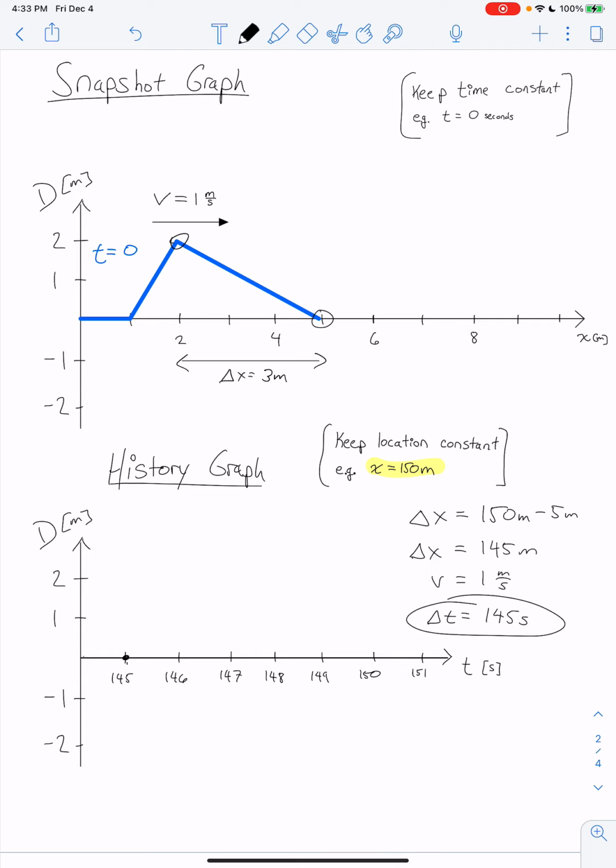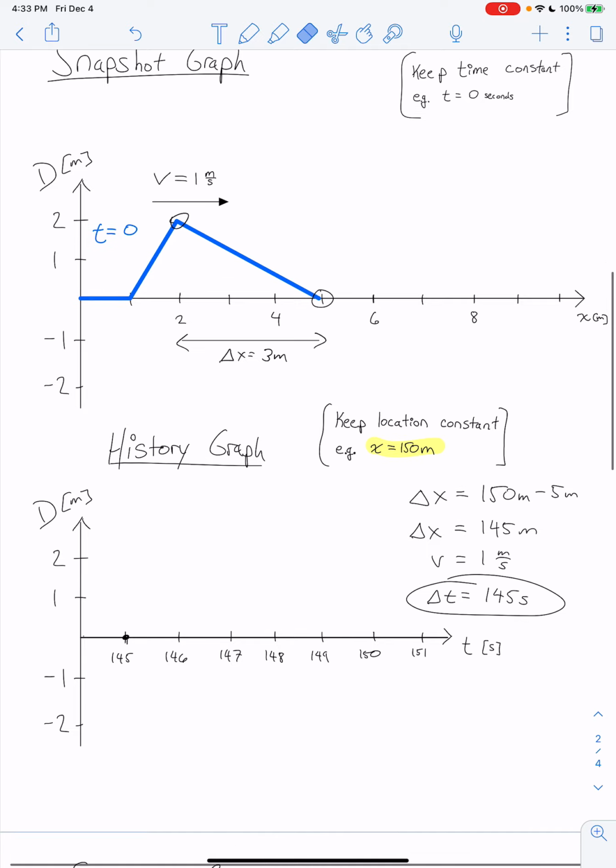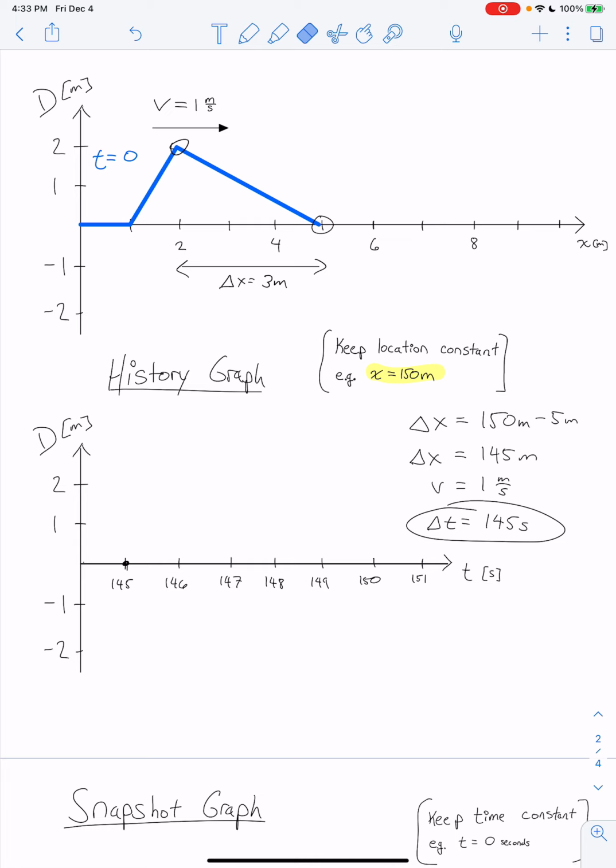And so if we're starting at 145 seconds, how long does it take the wave to get to the peak? We could do it the same way as before, 150 meters minus 2 instead. Or we could just start at 145 and say how much longer until it travels another 3 meters.